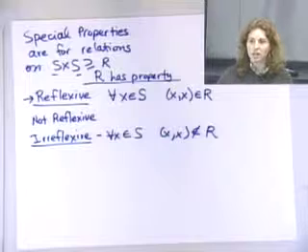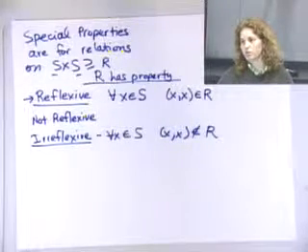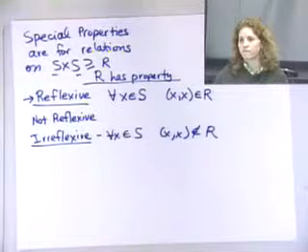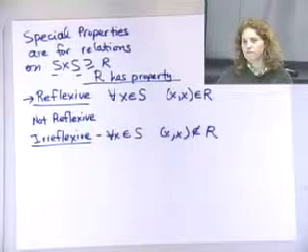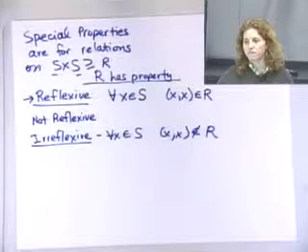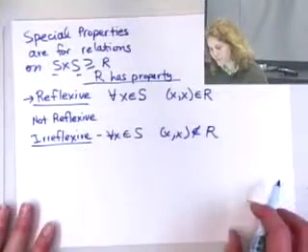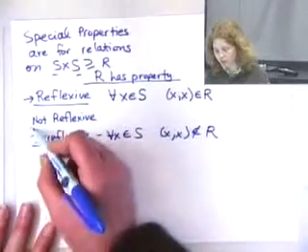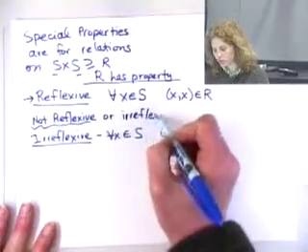But there's lots of things that are neither reflexive nor irreflexive. So I'll give you some examples later, but I just want to point out that there's lots that are neither.